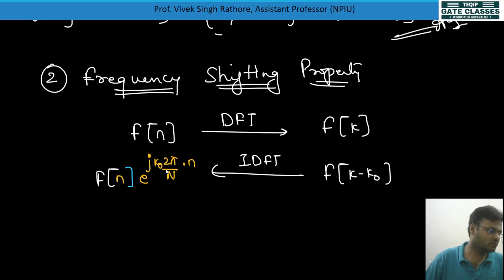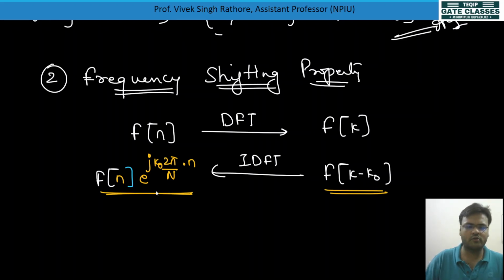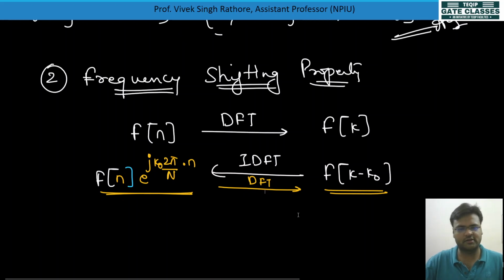If you do frequency shifting, just the opposite sign will be there. So whatever is shifted there, that value will come here. So f of k minus k naught will have this value, or you can say the opposite also: if an exponential function is multiplied with f of n, what will be the DFT value, that will be f of k minus k naught. So it's very easy to do.